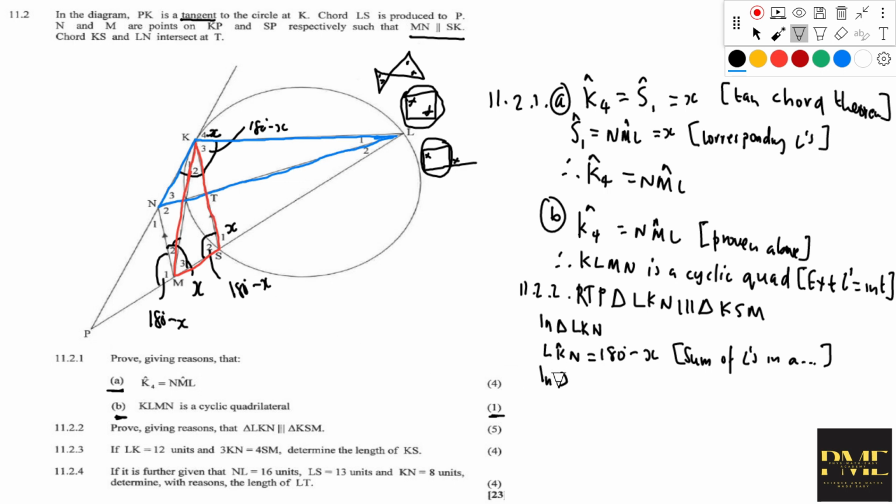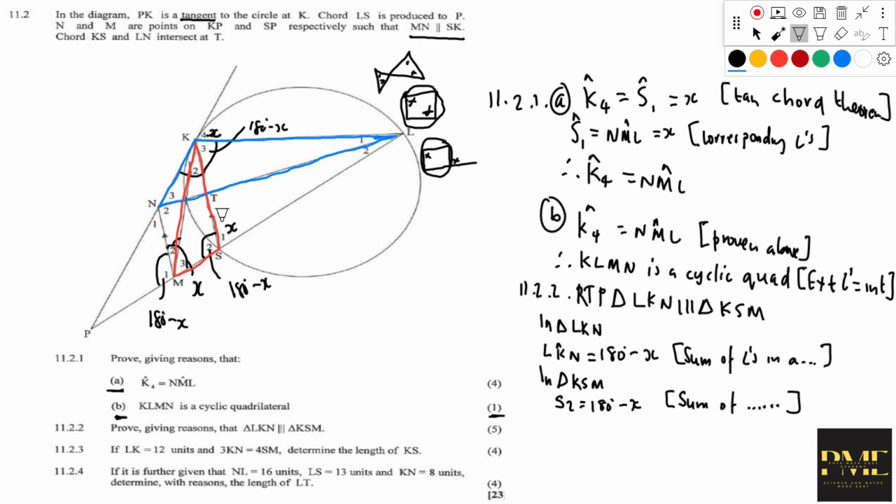And then sathini ke futhi sathi ke in triangle KSM, right? Angle S2 is equal to 180 minus x, right? Reason for this is because the sum, okay, of the angles in a straight line are supplementary.